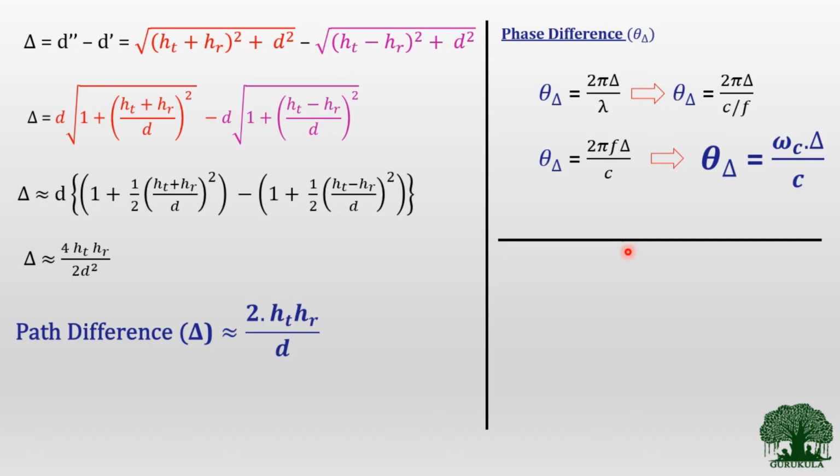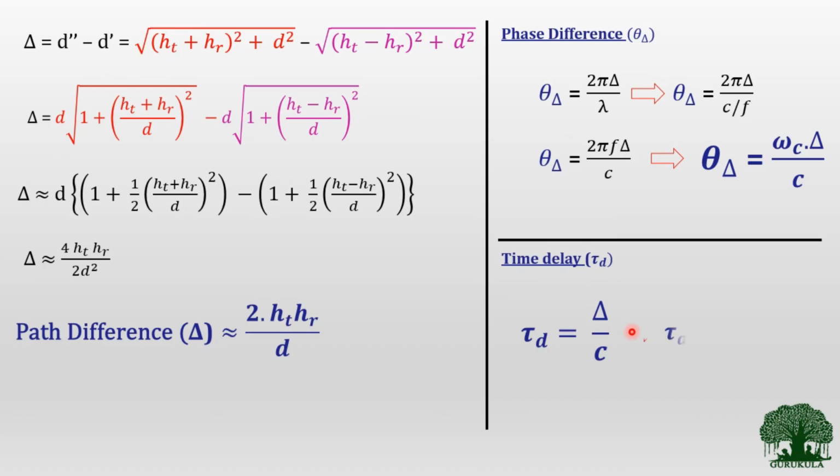And finally, as a part of our flow of equations, we have to compute the last parameter, which is time delay. The time delay is represented by tau d, and tau d can be represented like this: delta divided by c. Here I have represented the time delay in terms of path difference.